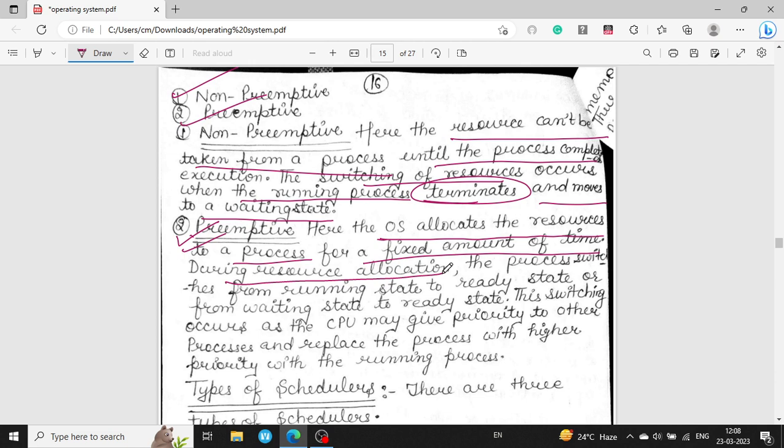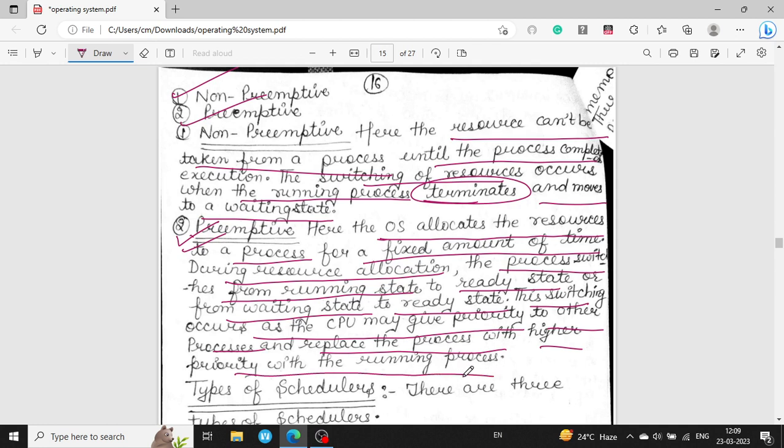The process switches from running state to ready state, or from waiting state to ready state. This switching occurs as the CPU may give priority to other processes and replace the running process with a higher priority process.